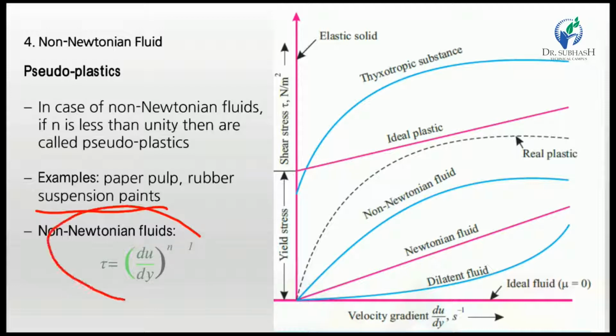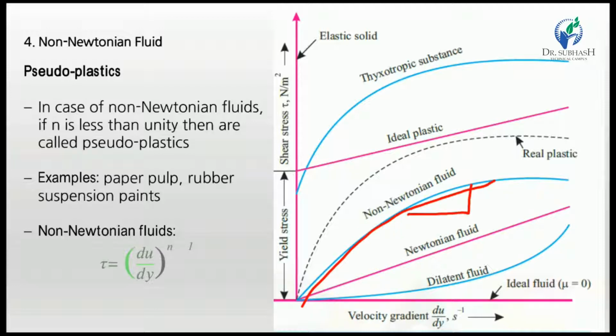So in this equation, the value of n is less than unity, less than 1. So the fluid is pseudoplastic. Here n is nothing but the slope value, and the slope value is less than 1, so the fluid is pseudoplastic. This line represents the pseudoplastic fluid in this graph. Okay.